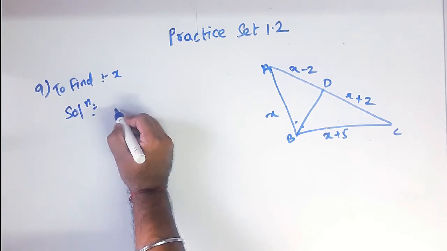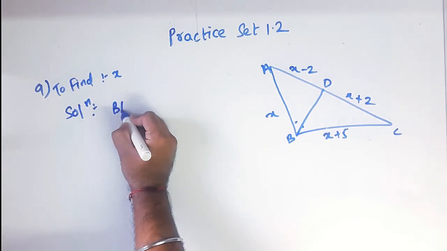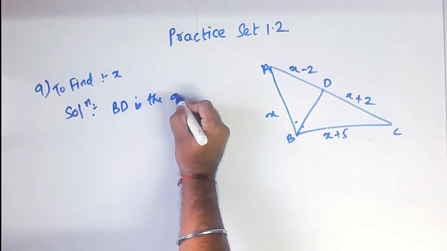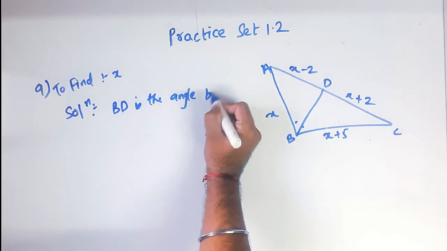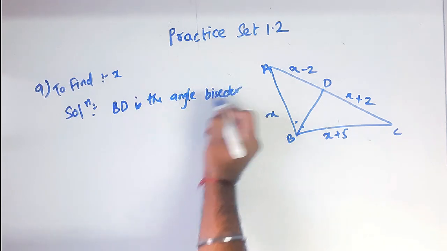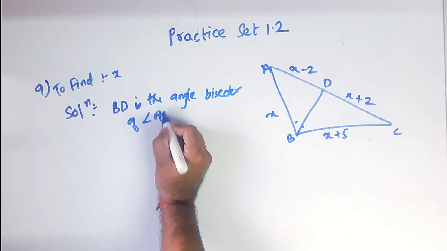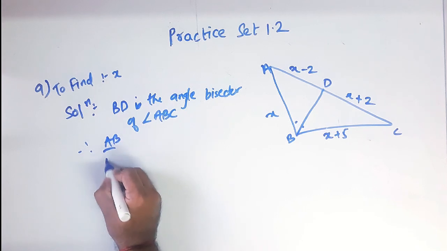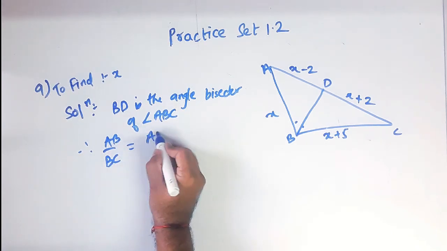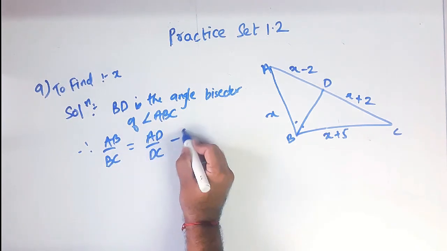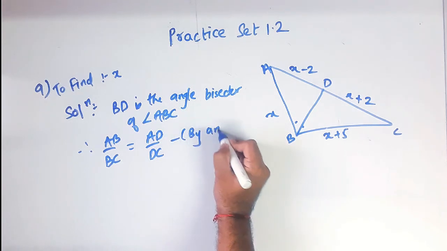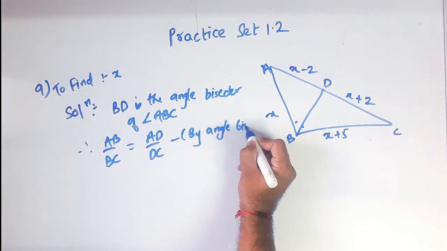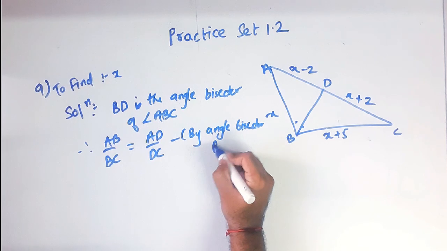We will first write BD is the angle bisector of angle ABC. Therefore AB upon BC equals AD upon DC. This is by the angle bisector property.